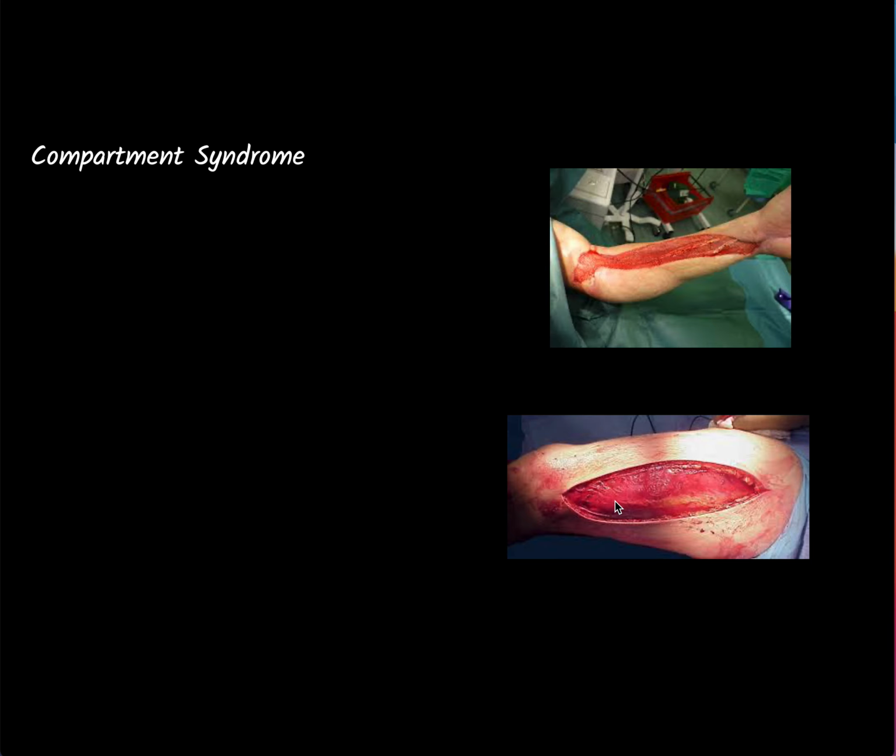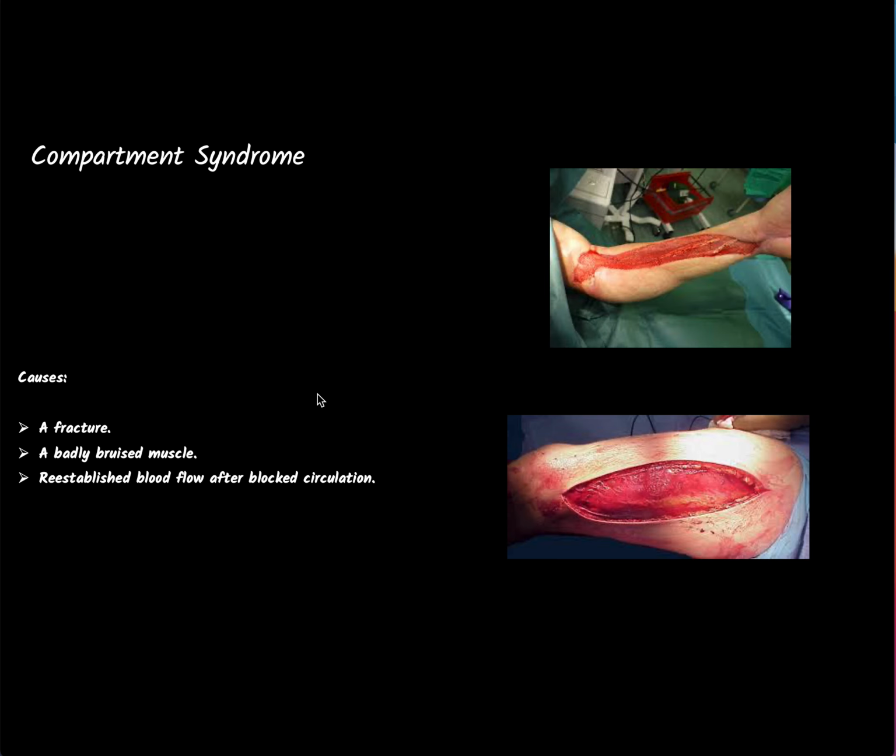Why do we need to do that? This condition is called compartment syndrome. And what happens? What are the different factors? After fracture, if somebody applies a very tight splintage, or there is some internal trauma, that might result in increased pressure within the compartment, and that will result in compression of the neurovascular bundle, and that will lead to future gangrene of the distal part.